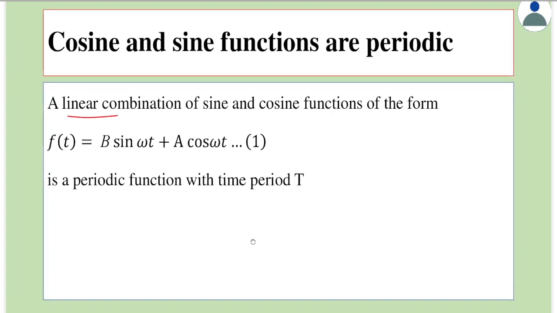To make sense of it, let's define another function f dash of t equal to a cos omega t plus b sin omega t. We know that separately cos omega t or sin omega t is a periodic function with time period capital T. Let's find out what its time period is now.